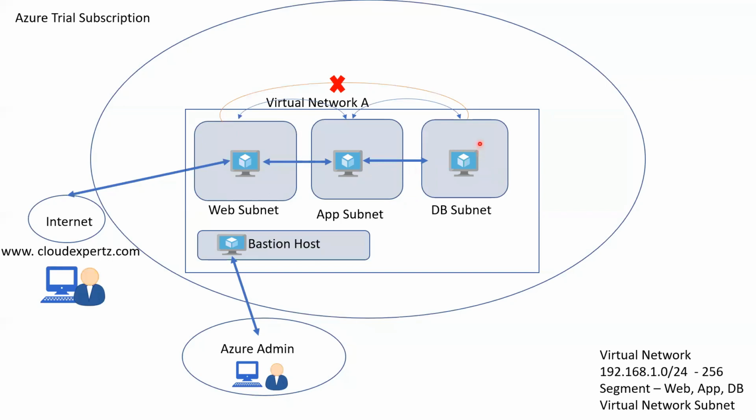If you put workloads of similar nature, all web servers, all app servers, all DB servers, then their traffic requirements will also be similar. Security requirements will also be similar. So that's where you can actually apply NSG at the subnet level. So all the virtual machines inside that subnet will inherit that NSG, and they will inherit those rules also.